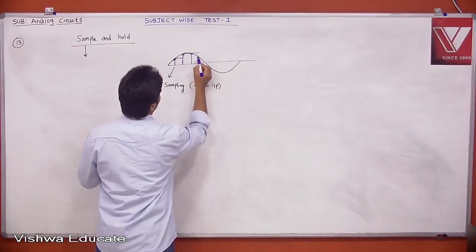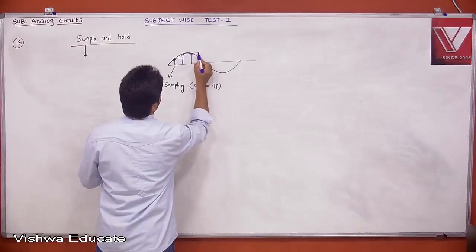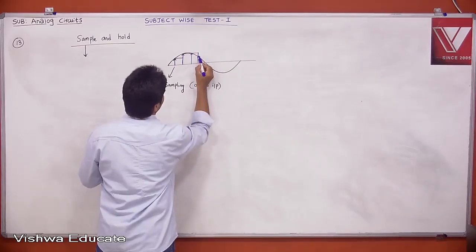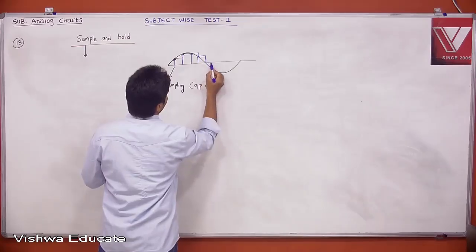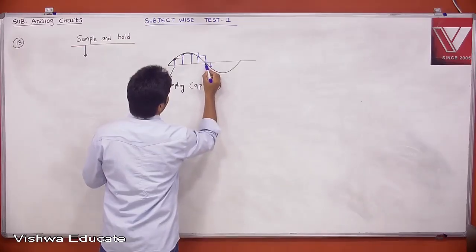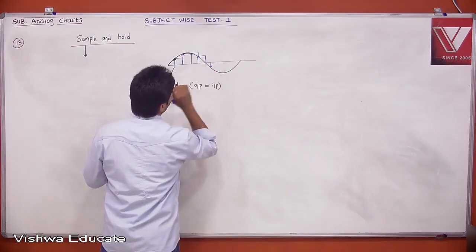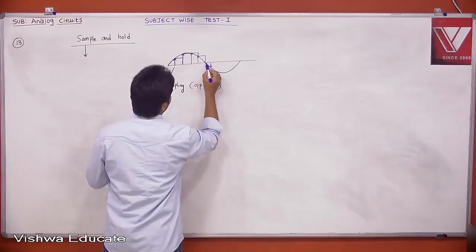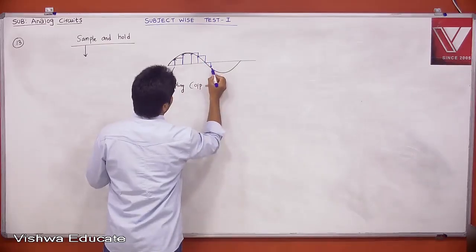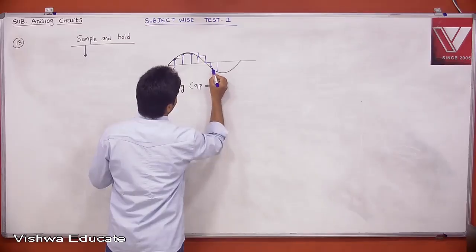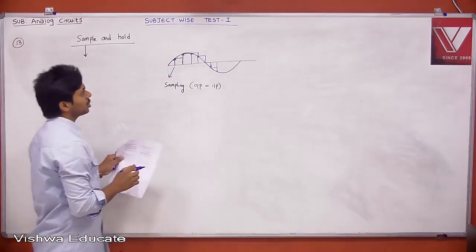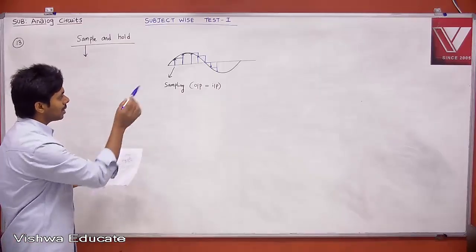Whenever you sample here, it has to hold and then it will come here. Therefore, it is tracking your input, but sampling and then holding.